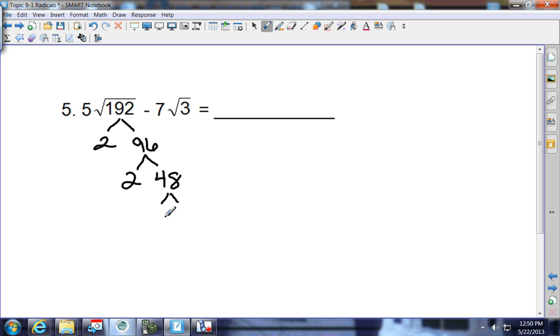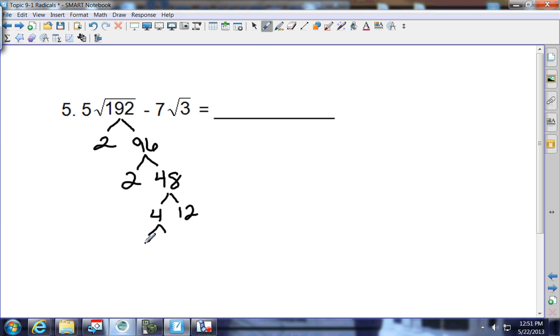Break this down again. Well, 4 goes into it. Oh, 12. Sorry, 12. You can do 2 and 24 if you want to keep doing it that way. It doesn't matter. There are different ways you can do it.